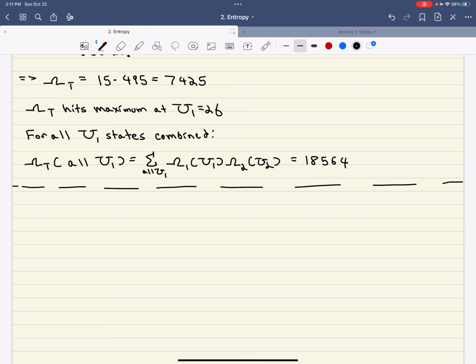And so the reason I wanted to calculate this is because now I want to calculate the probabilities of each of the different microstates. From the previous videos where we talked about the principle of a priori probabilities, we said that for a given macrostate, so the macrostate of the internal energy of system 1 being U1, we can calculate the probabilities like this.